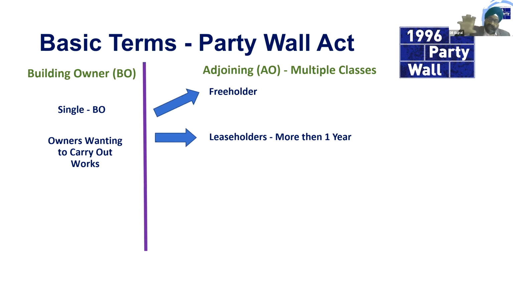So they'll look at the land registry and say, that's a leaseholder, that's a leaseholder. They need to serve the freeholders and leaseholders, and leaseholders of more than 7 years need to be registered. So you have a situation where leaseholders of between 1 and 7 years are sometimes not registered on the land registry for whatever reason, and they're missed out.